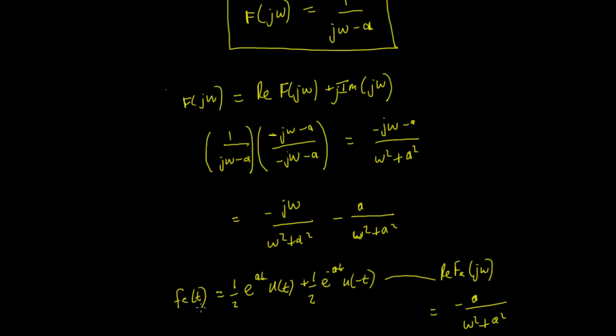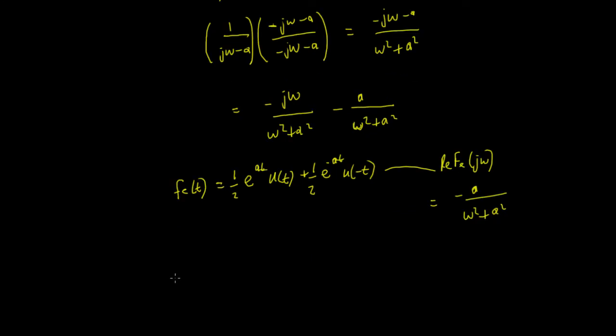Okay, so we're really saying that the even part of our function, the real even part of the function, generates the real even part of our Fourier transform. So that's that done analytically, and we can say that the odd part of t equals a half e to the at u of t minus a half e to the minus at times u of minus t.